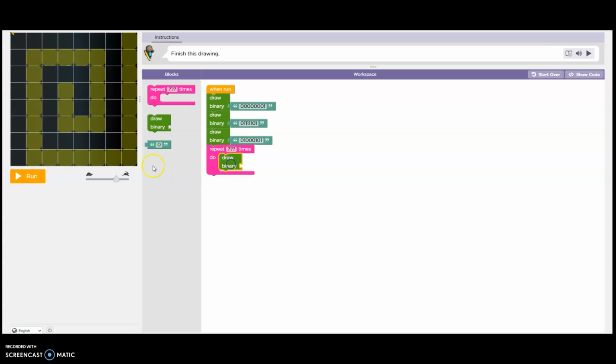That's 4 times, so we're going to repeat it. Do 0, 1. Right now we have it on our 4th row, so we're just going to check if we're doing it correct.